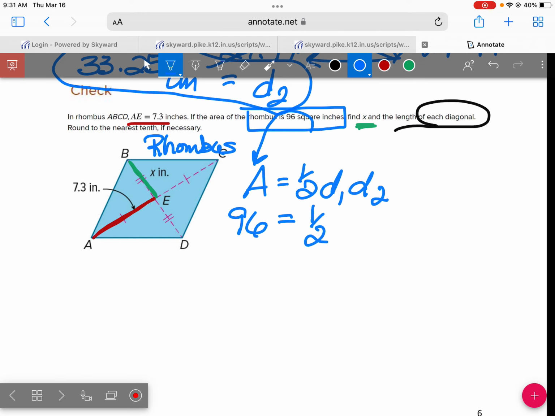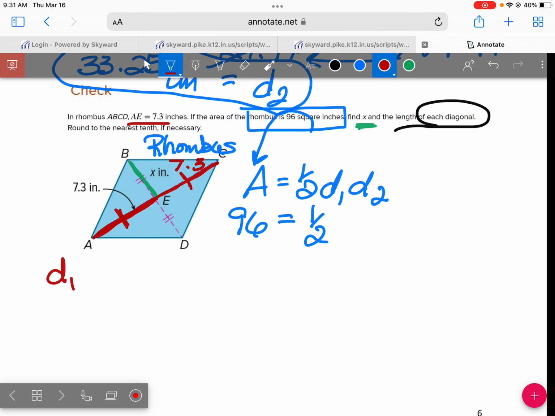Diagonal 1. Do I have a whole length for diagonal 1? I do not. But they tell me that this is 7.3, and it says this is congruent to this. So this length over here is also 7.3.